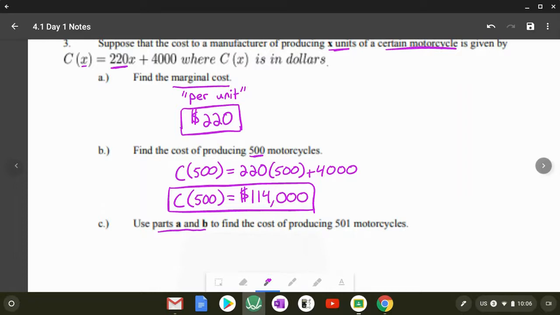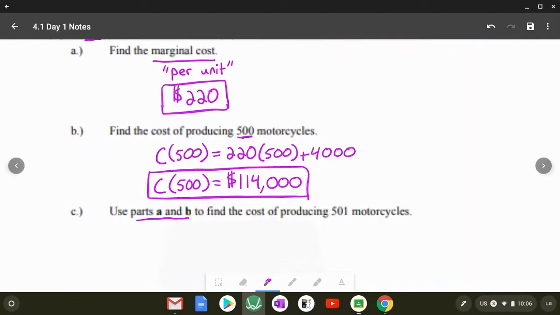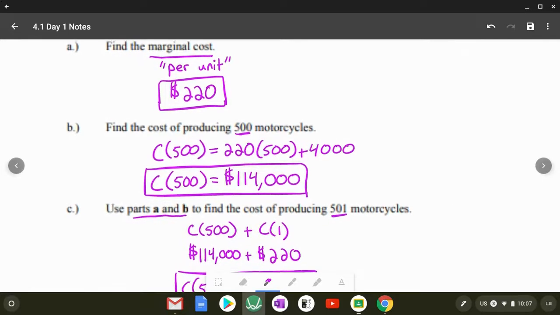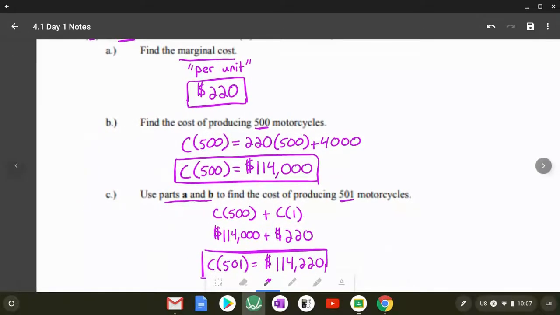And by doing this, we notice that since we're looking for the cost of 501 motorcycles, right? We know that that's just the cost of 500 motorcycles plus the cost of one. So in doing that, we notice that the cost of 500 motorcycles is $114,000, and the cost of one would just be $220.